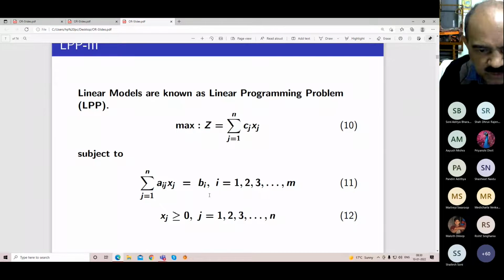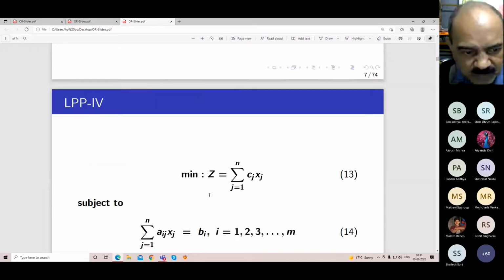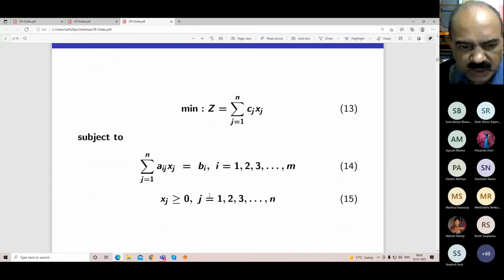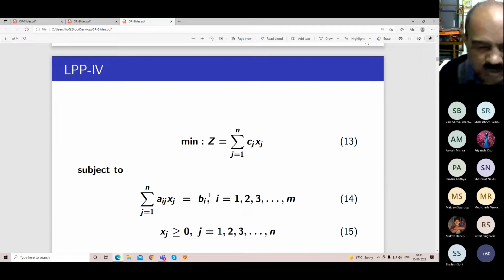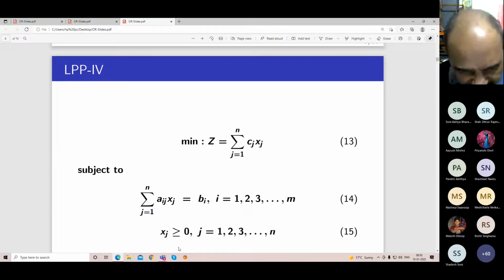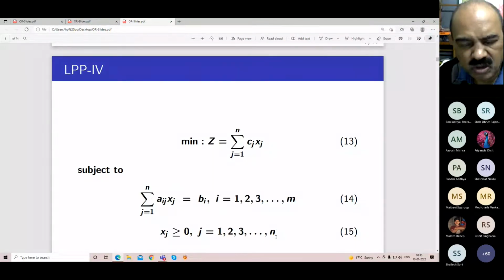Similarly, in model 4, see the last line. If I drop this last line, then any solution will do. But generally, in the linear programming model, all the decision variables have to be non-negative. There is a restriction we have imposed.